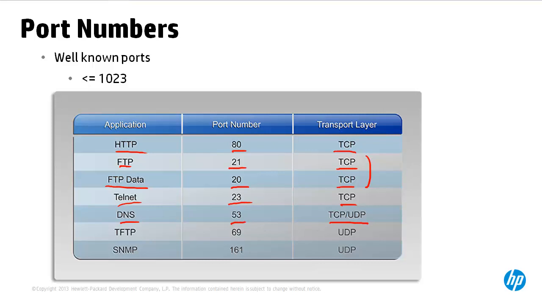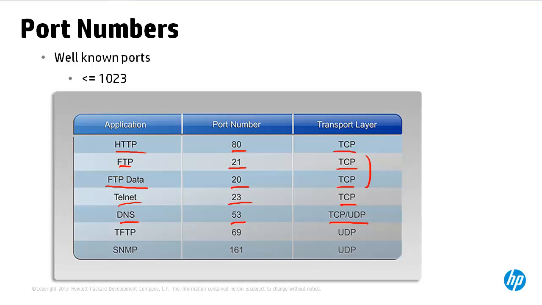DNS uses port 53, but both TCP and UDP are used with DNS. UDP is used by DNS to serve requests. In other words, when a host needs a name resolution for a domain name such as hp.com, that would use UDP port 53.